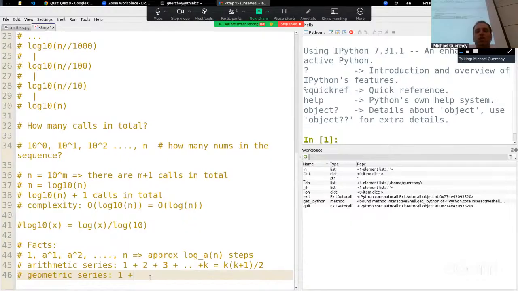And that is 1 plus r plus r squared and so on plus r to the k, which is 1 minus r to the k plus 1, divided by 1 minus r. Those are things that you do need to know for the exam. I'm not giving those out during the exam.